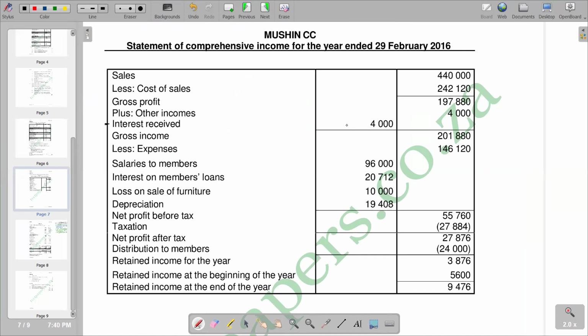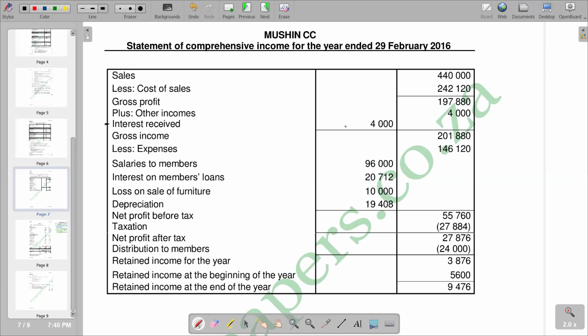Remember, the statement of cash flow records actual cash movements in and out of the business. Whenever we have an inflow, we show it as a positive in the statement of cash flow. Whenever there's an outflow, we show it as a negative. In this case, interest received is something that we are receiving, so we show it as a positive, showing cash inflow.